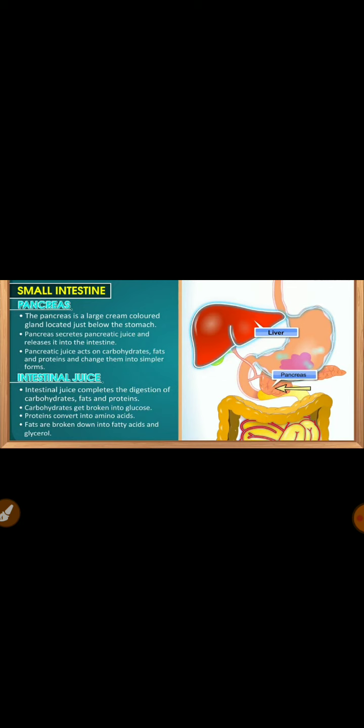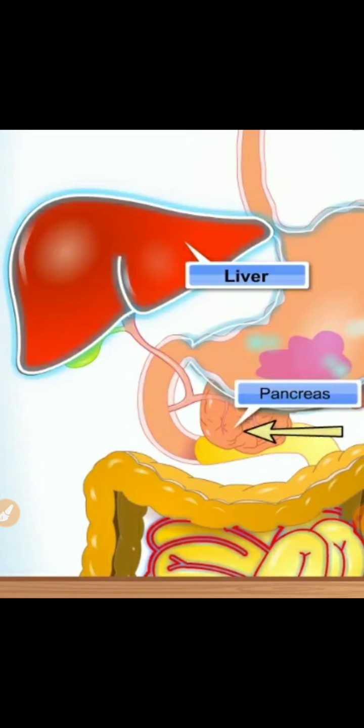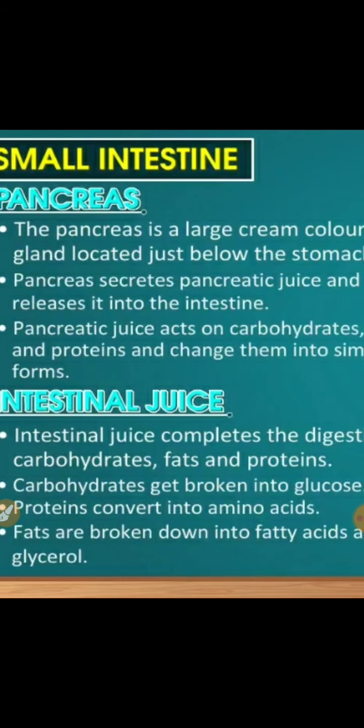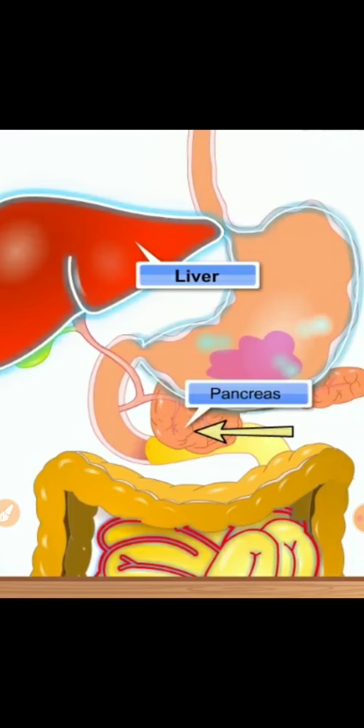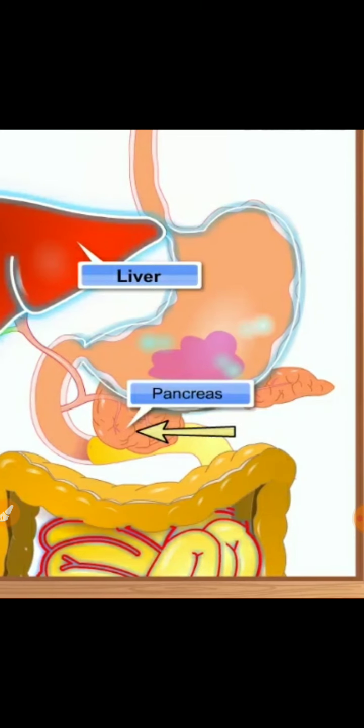Okay, now come to the pancreas. Pancreas is a large cream colored gland. Are you able to see in this picture? Okay, it is the large cream colored gland. Where it is present? It is present just below the stomach and secretes pancreatic juice and releases it directly into the stomach.